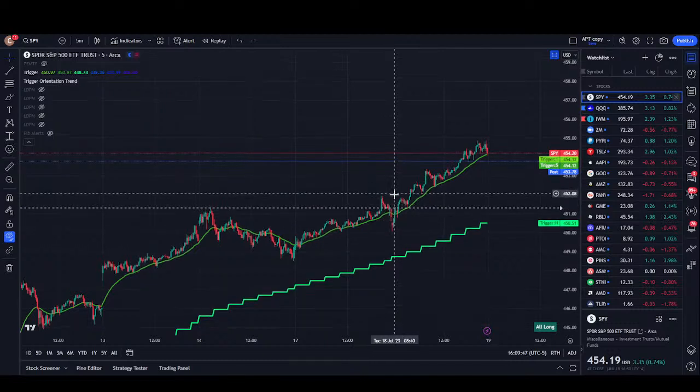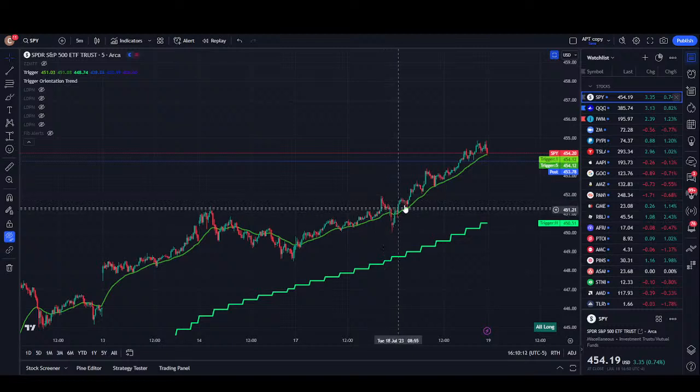But what I could do is sell a 450 put and buy the 448 put. So now if price goes all the way down to 448, then I lose the $200 difference between 450 and 448. But as long as price does not come back below 450, comes down here a little bit, then you'll be in a little bit of profit and a little bit of loss depending on theta.